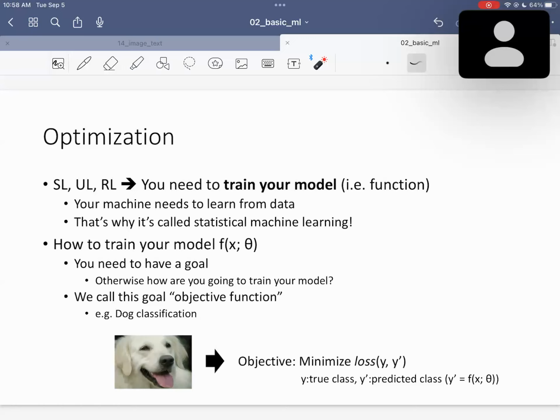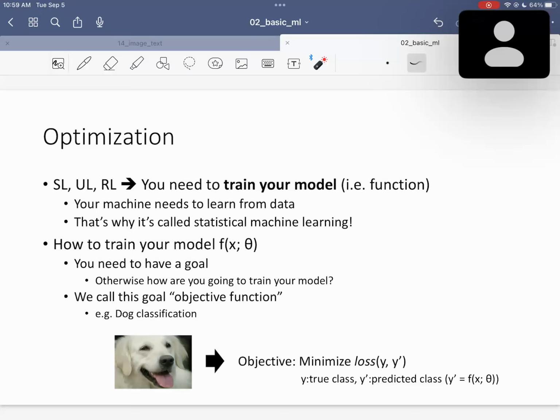As I said, the behavior of the function is determined by your coefficients. So if you change your ABCs, then the output will also change. So you want a specific set of ABC that gives you dog when y is dog, and when y is no dog, then you want a specific ABC that produces y prime as no dog, right? So that's what you want.